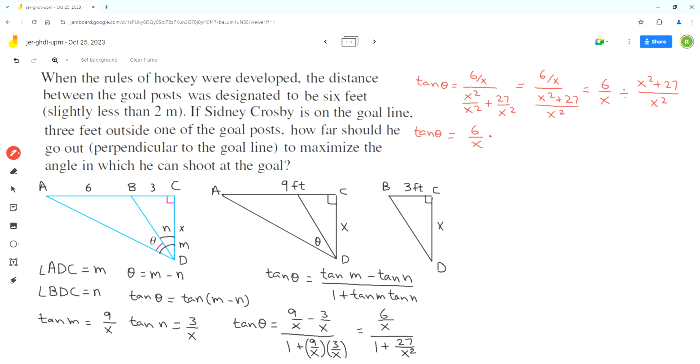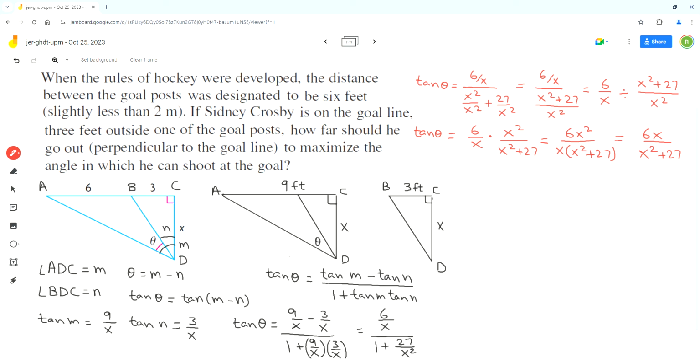We should flip the second fraction. Now we can cancel out one of the x's. So this is the expression for tan theta.